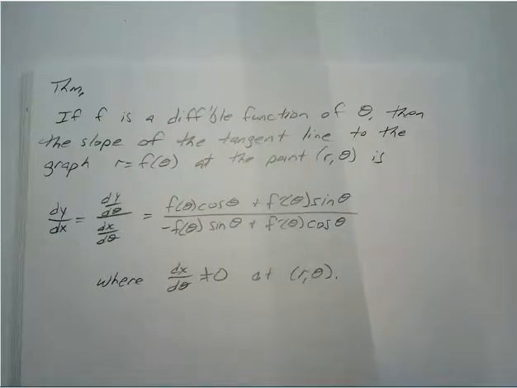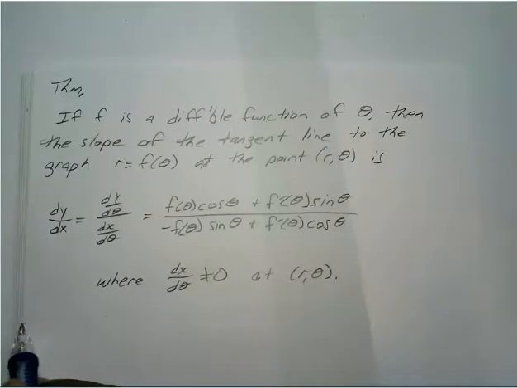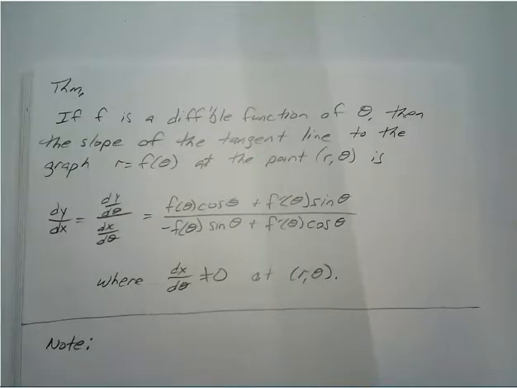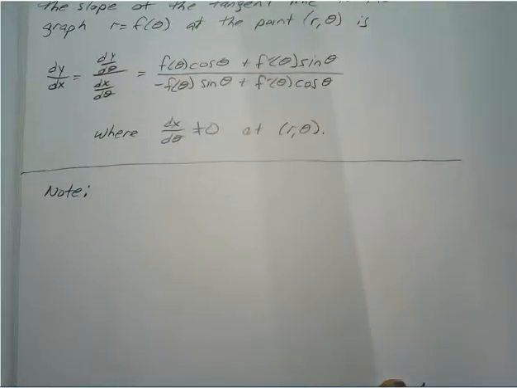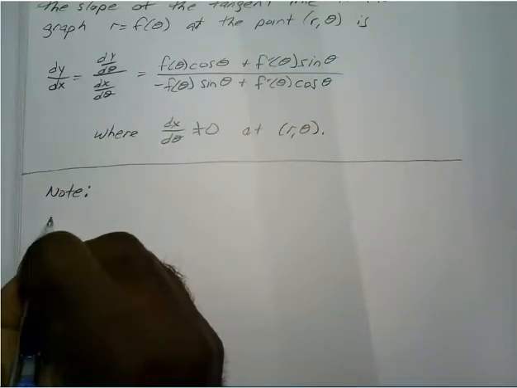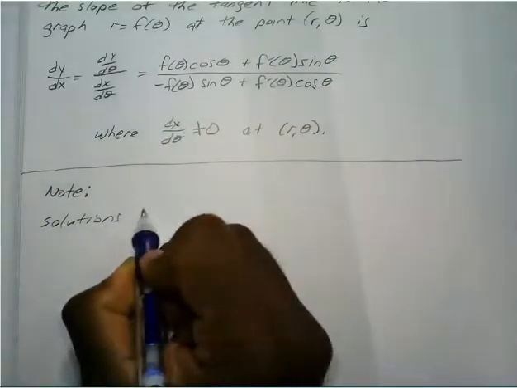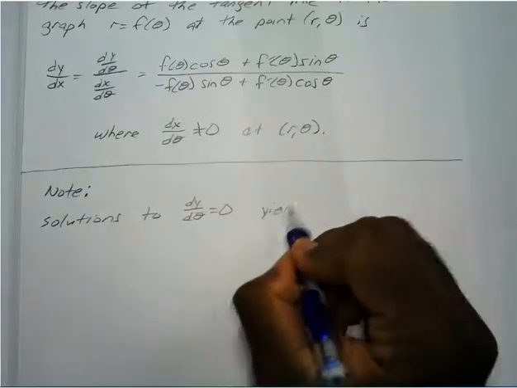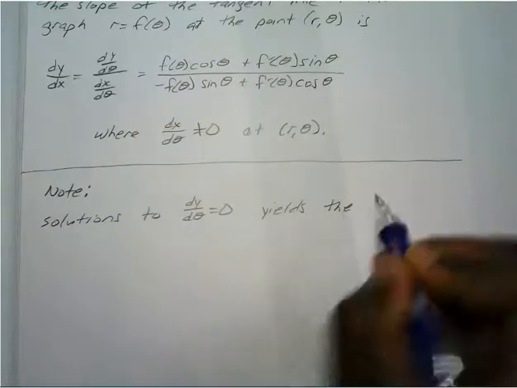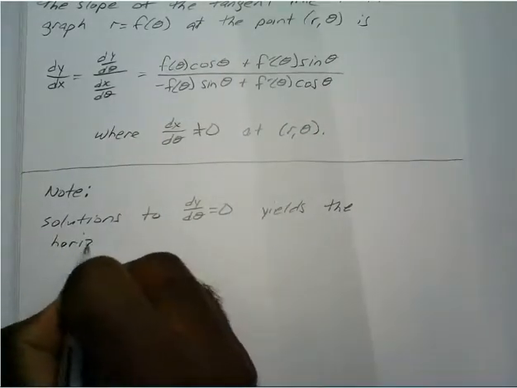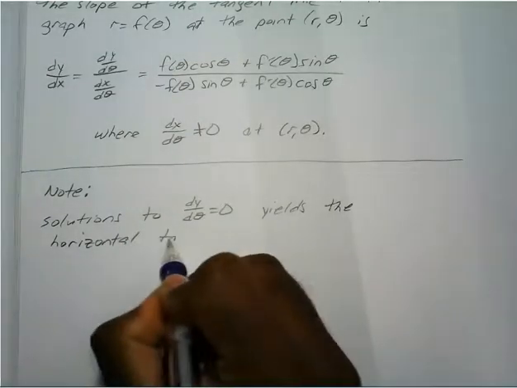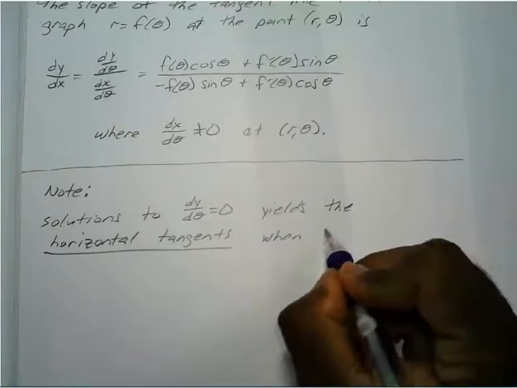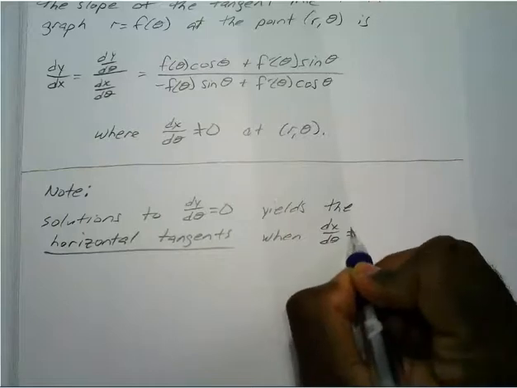All right. Now, quick note. Solutions to dy d theta equals 0 yield the horizontal tangents, when dx d theta does not equal 0.